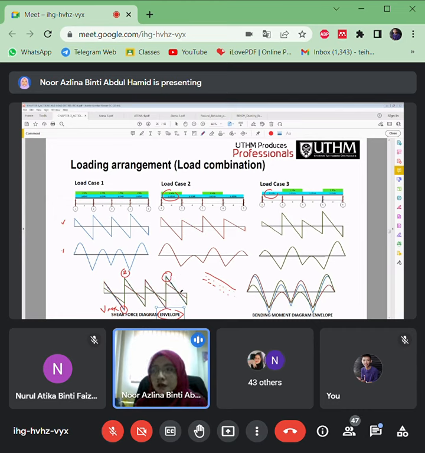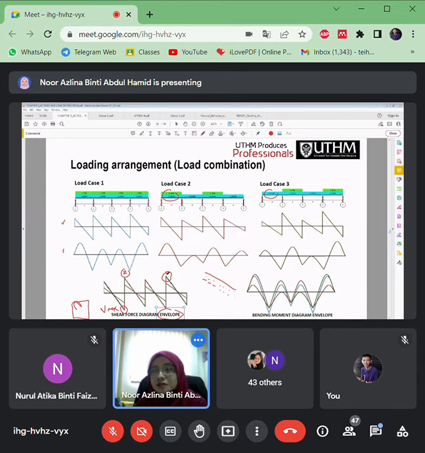So from these envelopes, you can use the value here in order to design the shear links. There are two methods for design.